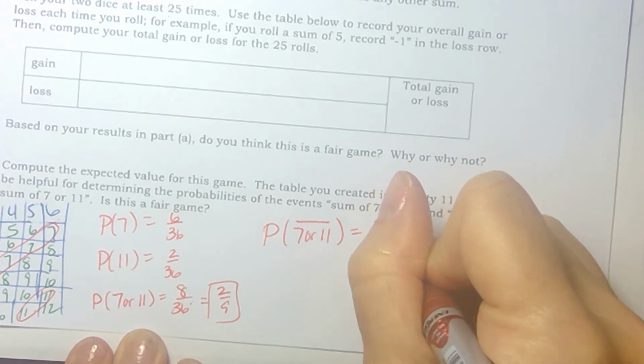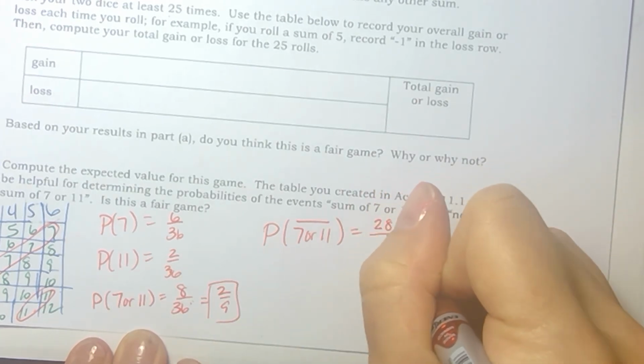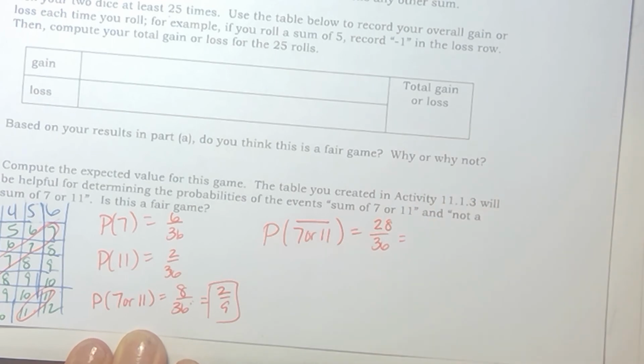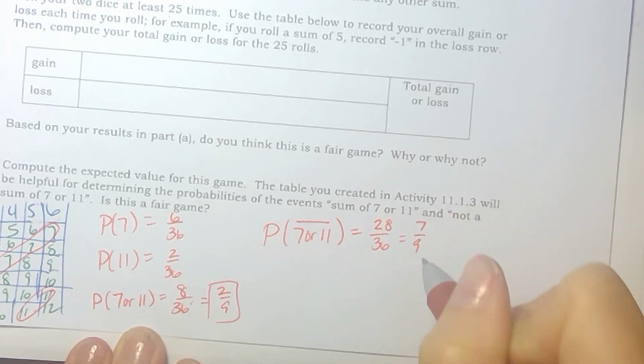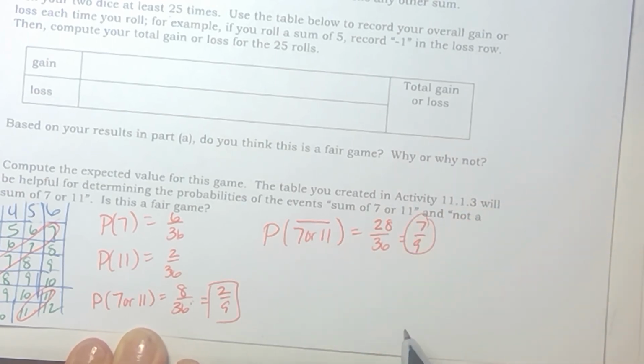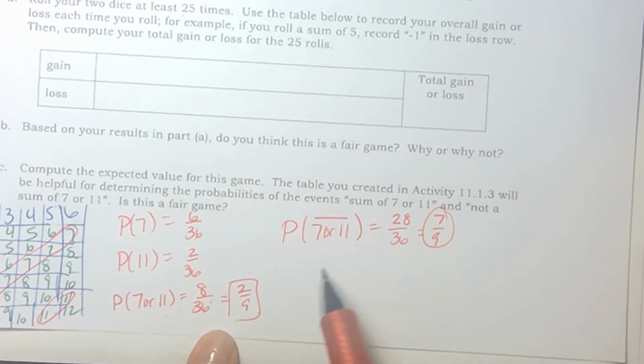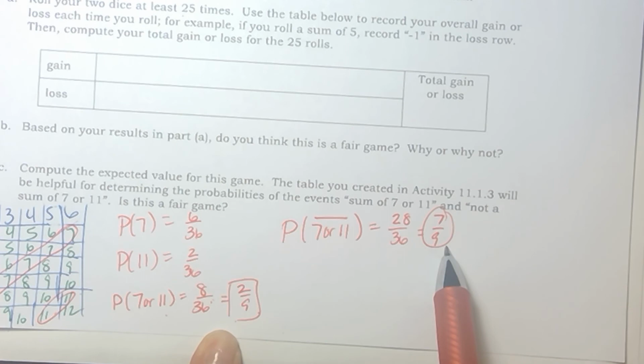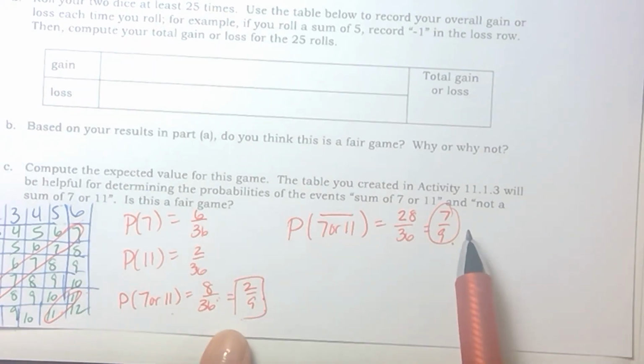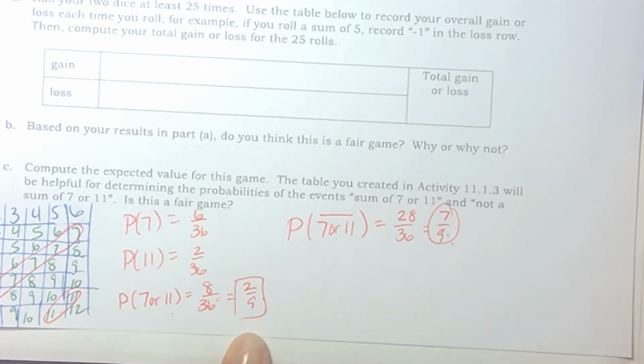Well, that would be 28 out of 36, which reduces to 7/9, which you probably didn't even need to calculate because you knew that the probability of an event and its complement are going to add to 1. So if 2/9 of the sums are 7 or 11, the other 7/9 are not.